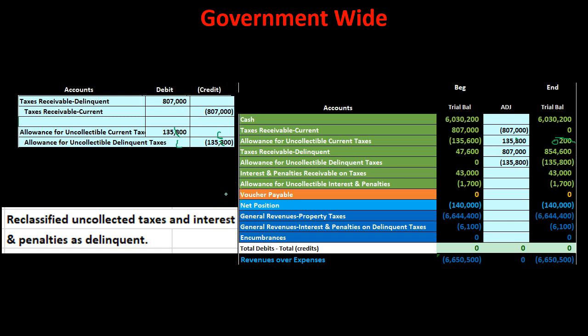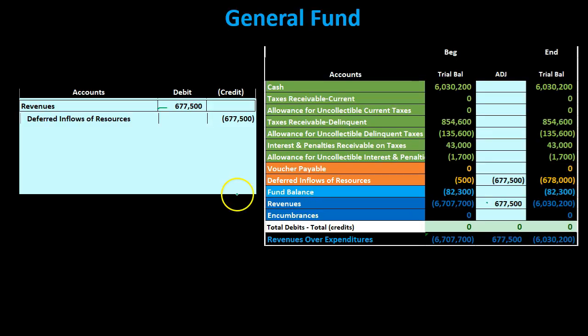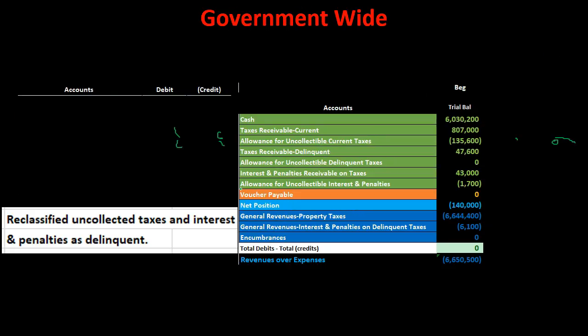So you'll note we don't even have this account of the deferred inflows of resources in the government-wide activities, because we're not going to be recording that type of transaction. That's only going to be something on the fund accounting, which are going to be on the modified accrual basis, as opposed to the government-wide activities, which is going to be on more of an accrual basis.